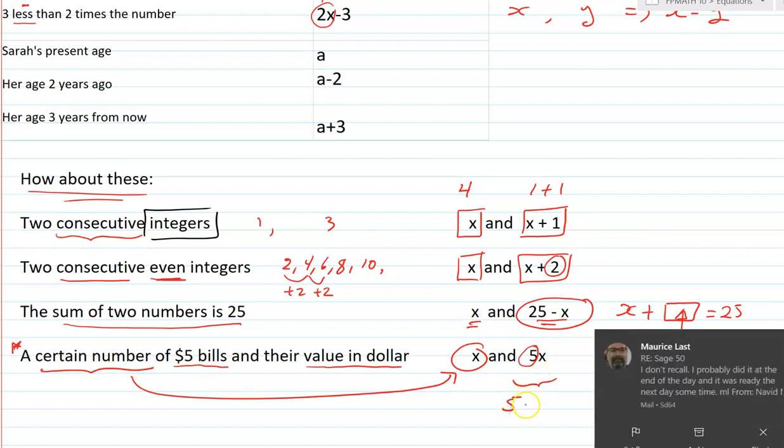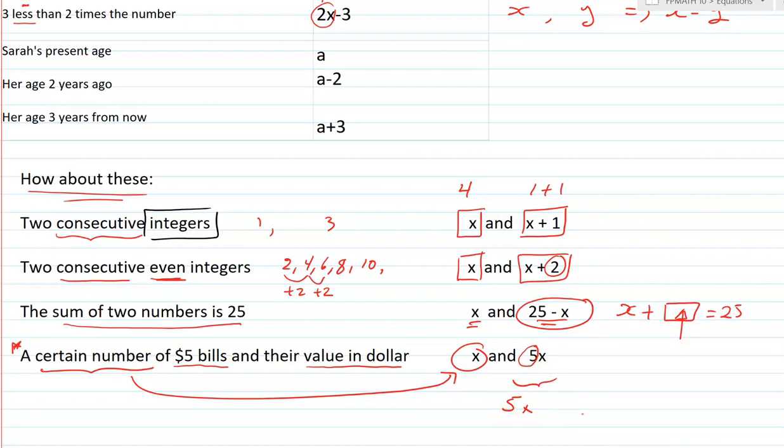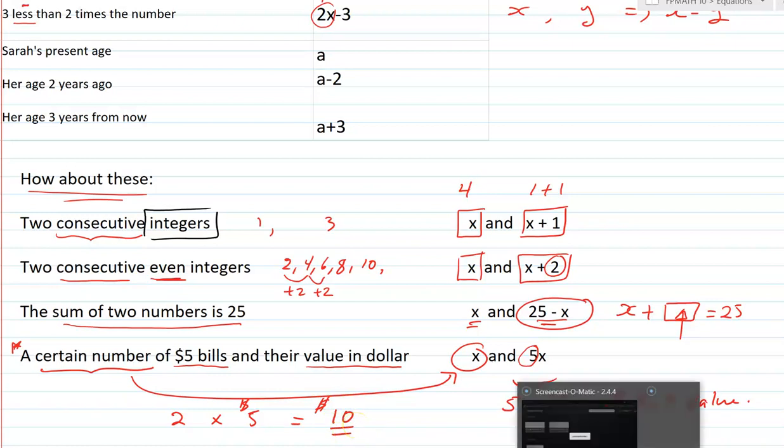So 5 times x, that will give us 5x, and that will give us the value. So as an example, let's suppose you have 2 $5 bills. How much is the value? 10. So 2 is the x, 5 is the value, multiplied, you get $10. And that's what that is. All right, very good.